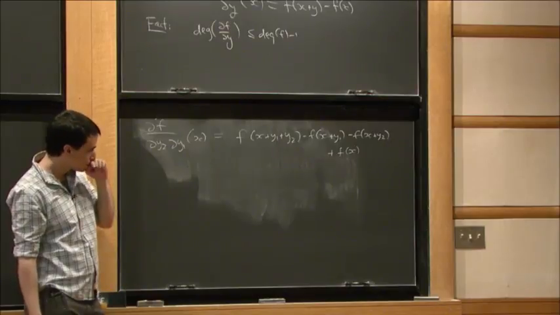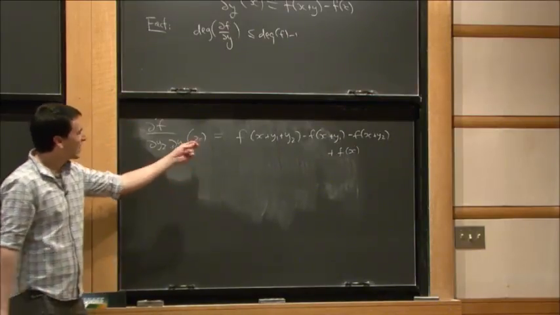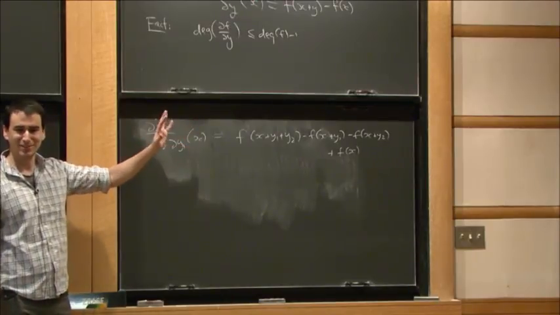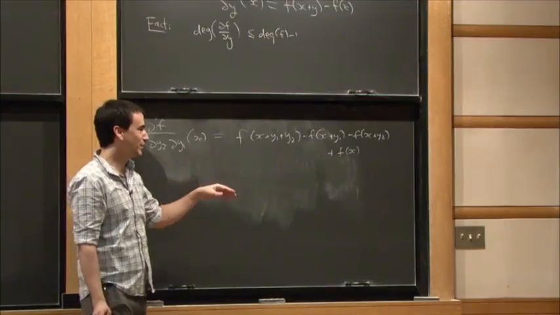In general, I have these plus and minus signs, and I don't like them. Now I'm using the fact that I'm working over F2, so everything will be plus.